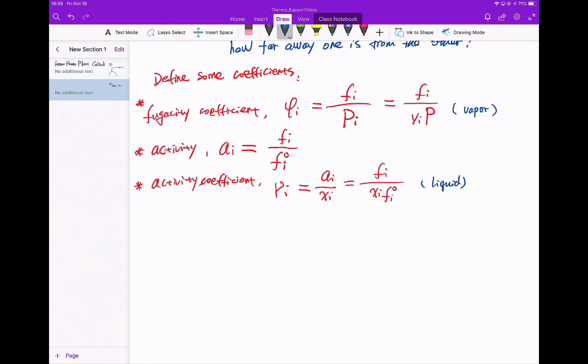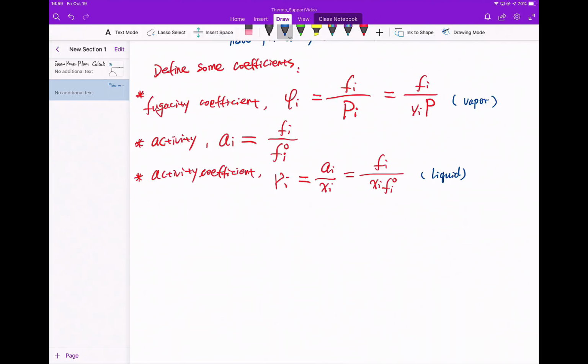Now here I want to mention what we discussed when we were talking about the fugacity calculations this Wednesday. We know the general equation is always fi of the vapor phase would be always the same as fi of the liquid phase. That is always a valid equation to start with.